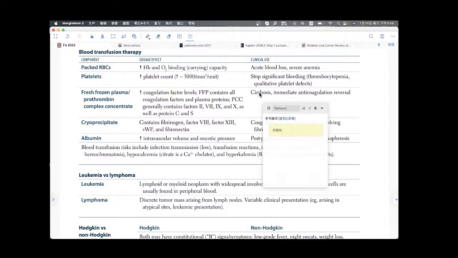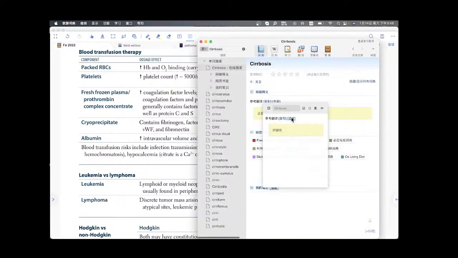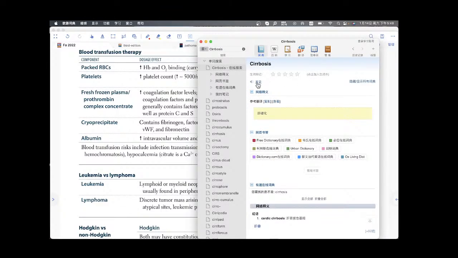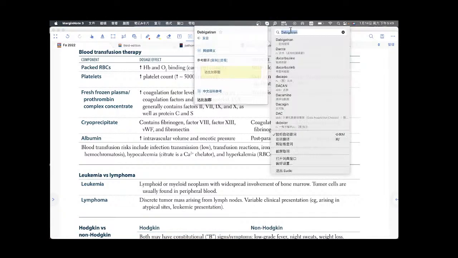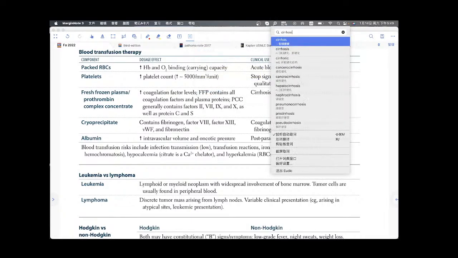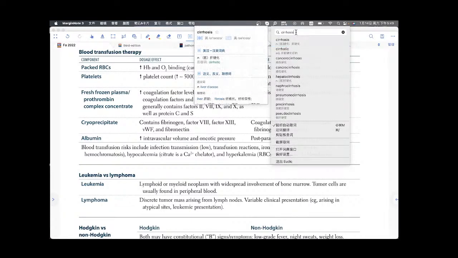Cirrhosis. Cirrhosis. Cirrhosis. Cirrhosis. Cirrhosis. Huh? Cirrhosis. Cirrhosis. Cirrhosis. Cirrhosis.